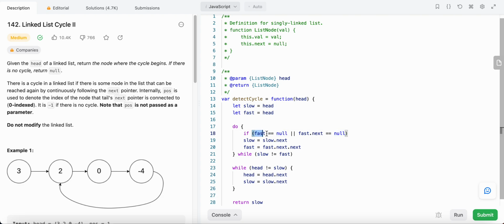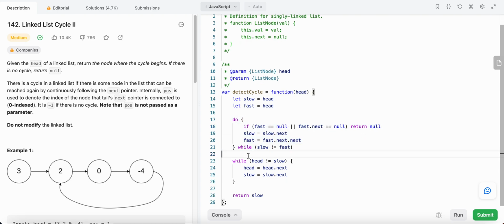So the end of the linked list is pointing to a null value, so that would mean there is no cycle, so we are going to return null. And if there is a cycle, fast is going to meet slow at one point, and then we are going to find the starting point and finally return the value.